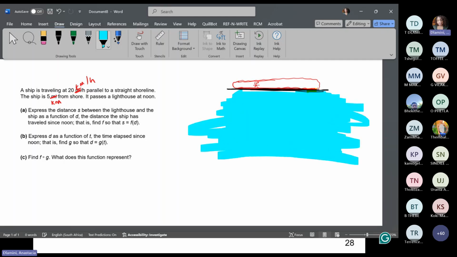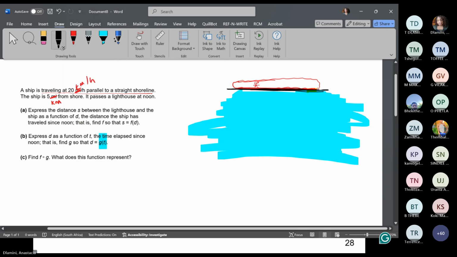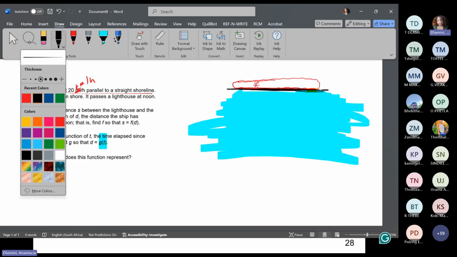So let's start with the statement. What is it saying? A ship is traveling 20 kilometers per hour parallel to the straight shoreline. So where is it traveling? Which line, when they say parallel? A straight line, which looks like the shoreline as well, because it has to be parallel to the shoreline.